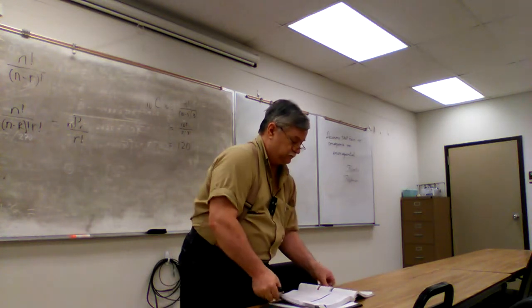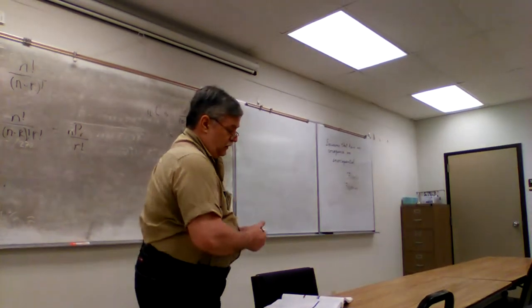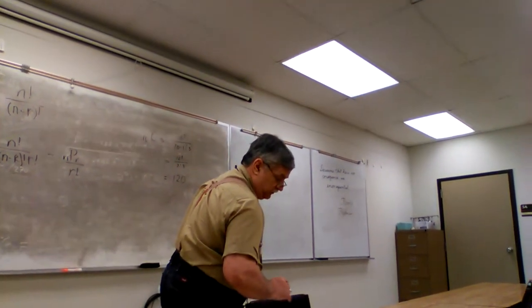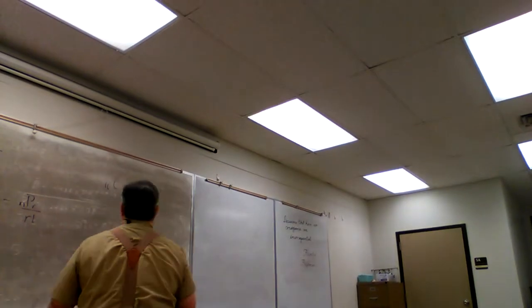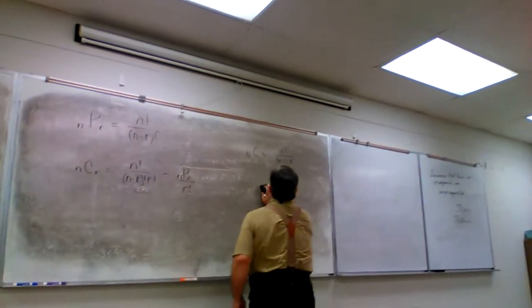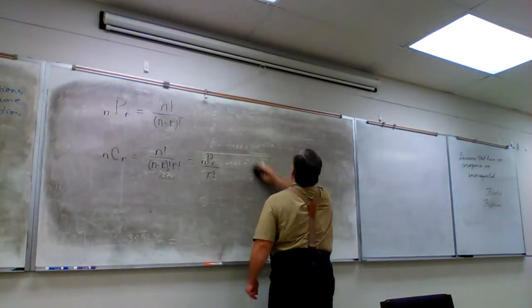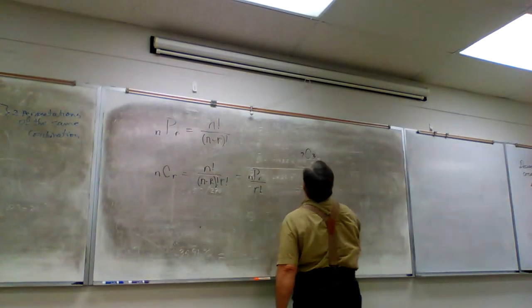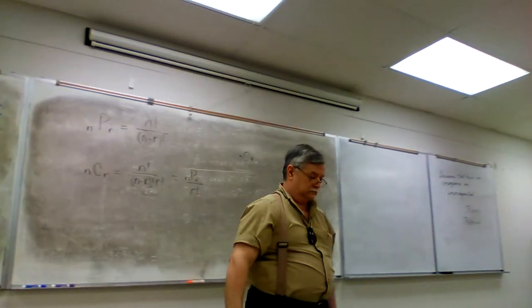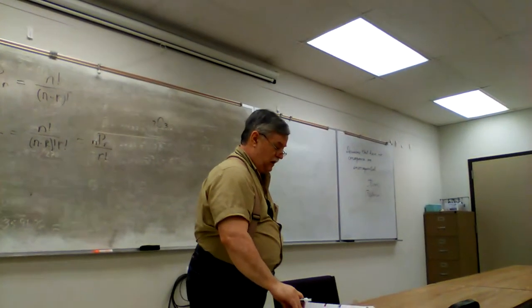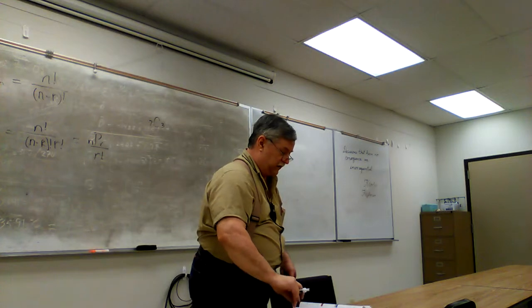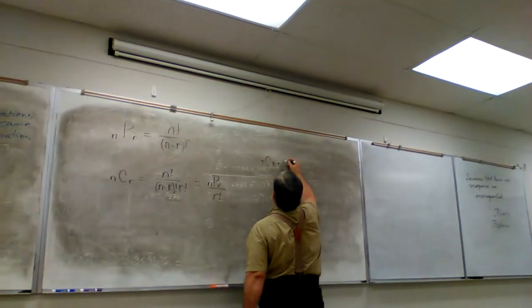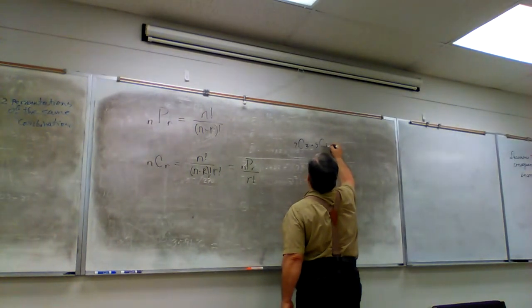Well, out of 7 women, they're going to choose 3. So that would be 7C3 women. And out of 5 men, they're going to choose 2. That would be 5C2.